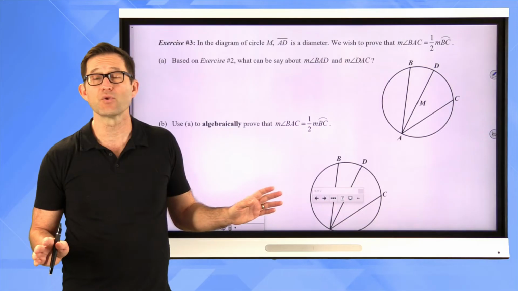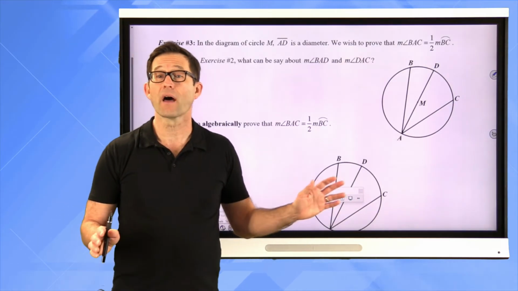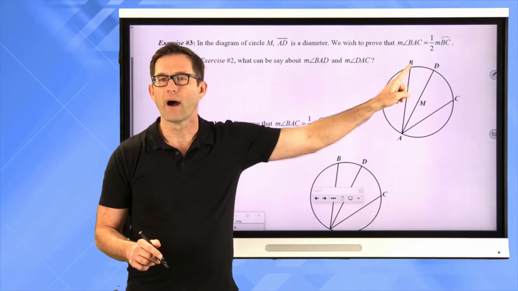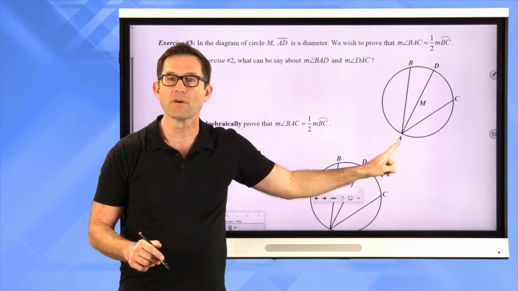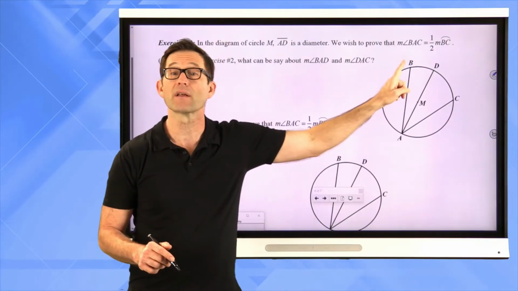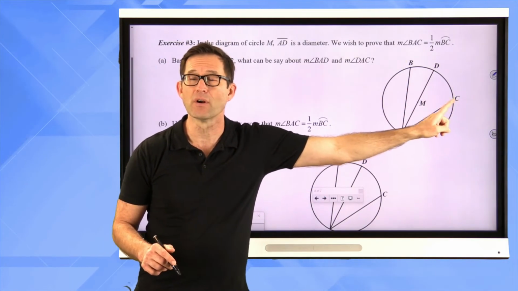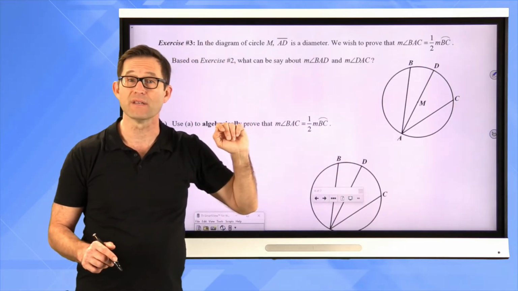So now let's take a situation where one of the rays is not a diameter, right? So forgetting about that diameter for a minute, I'm just trying to now prove that the measure of angle BAC, that particular inscribed angle, is 1/2 of the measure of its intercepted arc BC.